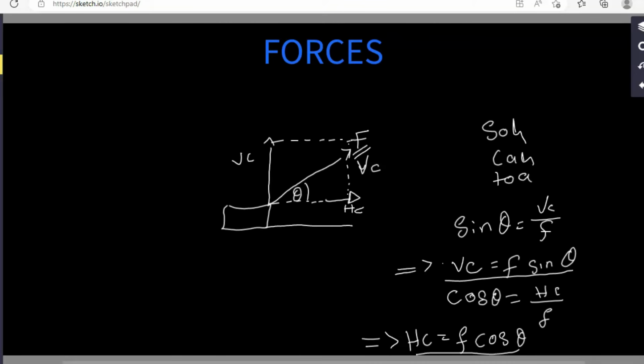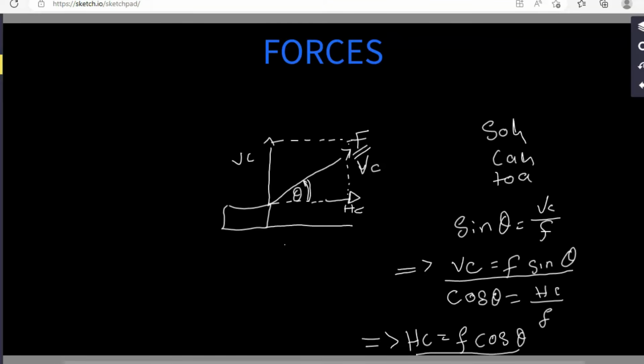Meaning, for vertical, the force that you are given times sine theta. For horizontal, the force that you are given times cos theta. But there is a condition. For you to always use these formulas, you need to use the angle which the force makes with the horizontal plane.